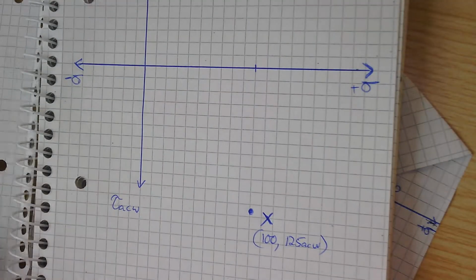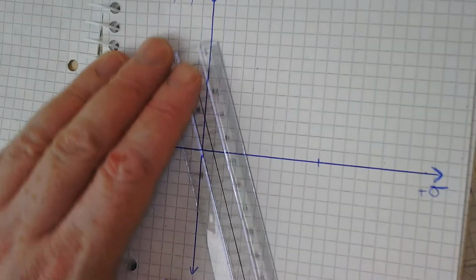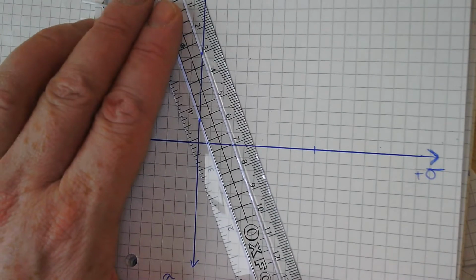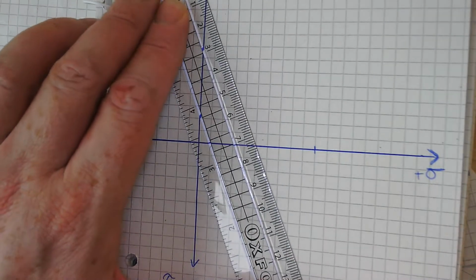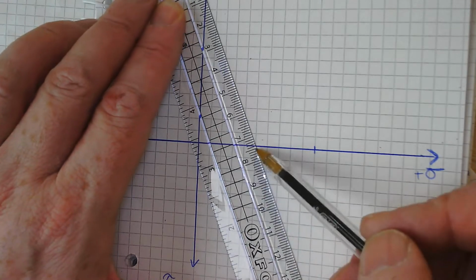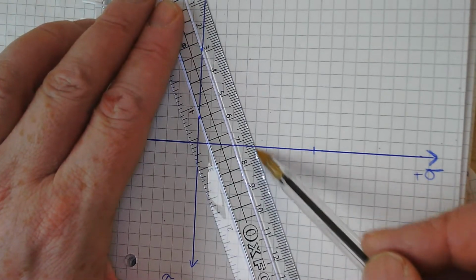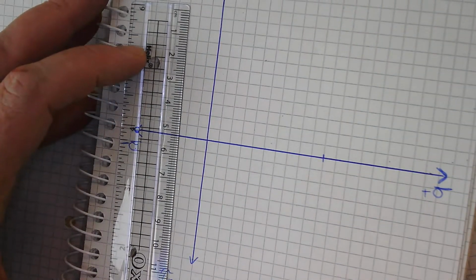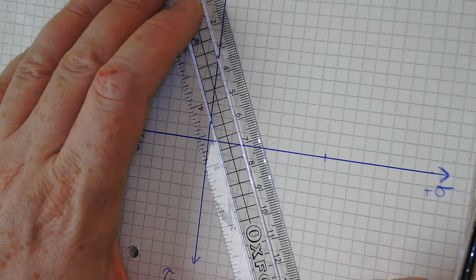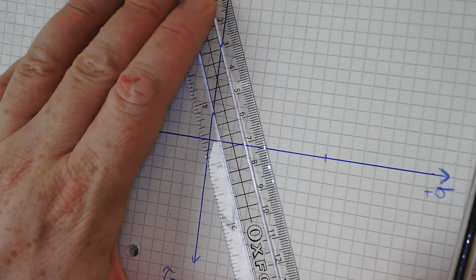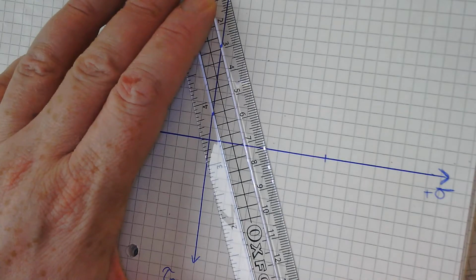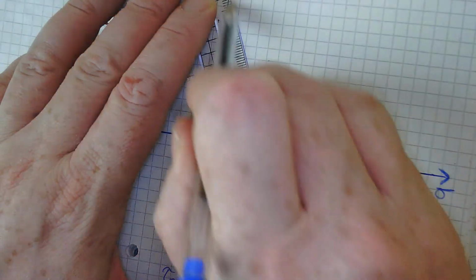Okay, and everything else kind of follows from that. If you join those 2 points up with a straight line, that's the diameter of your circle. They should cross the axis here. The midpoint should be halfway between 0 and 100, so it should cross at 50, if I've done it correctly. I'm a little bit out in my line here.